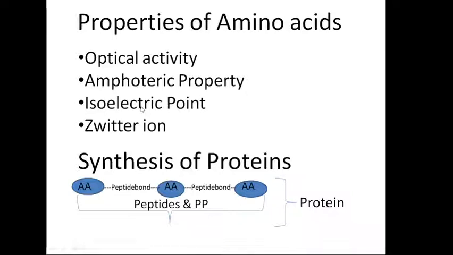Isoelectric point. It is nothing but the pI. Isoelectric point is the pH at which the number of positive charges equals the number of negative charges. So in an electric field, there is no movement either towards the anode or towards the cathode. That is why it is said to be an isoelectric point.